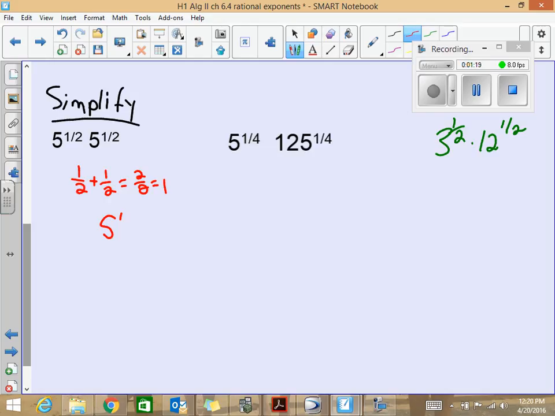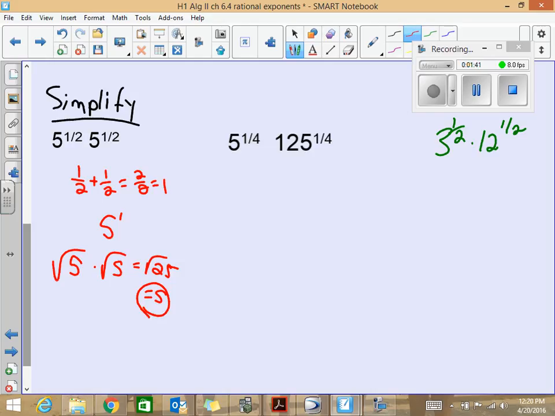The other way to do it is to rewrite it back into radicals and say radical 5 times radical 5 is radical 25, which is 5. Either method would work on that.